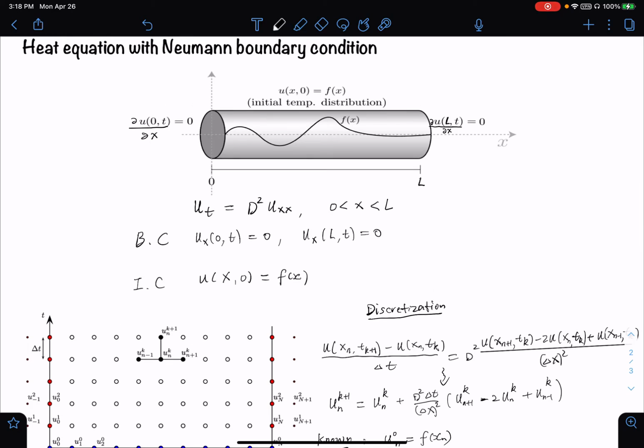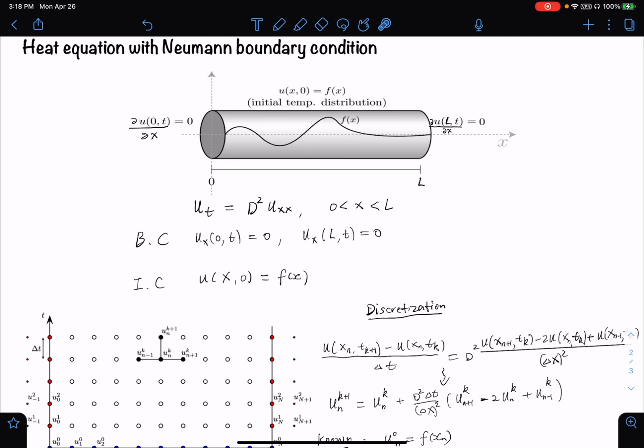As a side note, we're talking about boundary. Here, the thin rod is in the interval 0 to L. So for an interval, the boundary points will just be the endpoints, right?